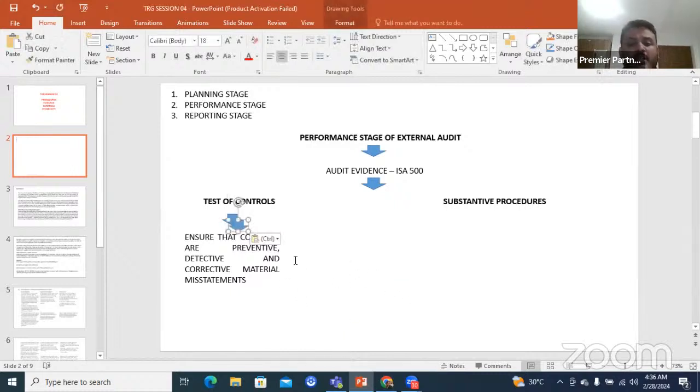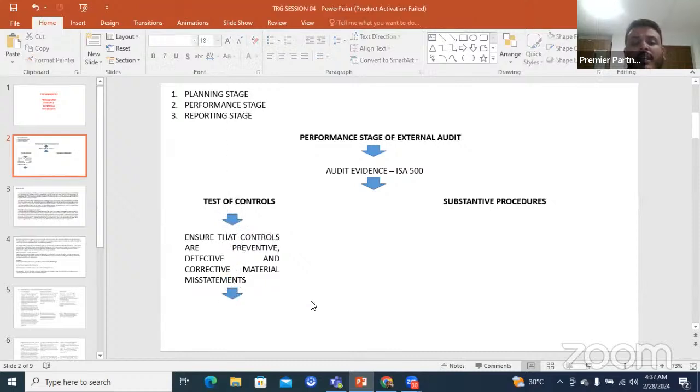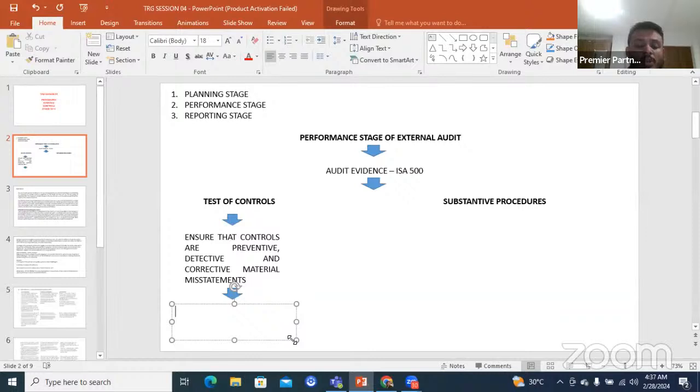When can this happen? When controls can prevent, detect, and correct misstatements, when that control activity is equal to control objective. When control activity is equal to control objective, we call that control an effective control.